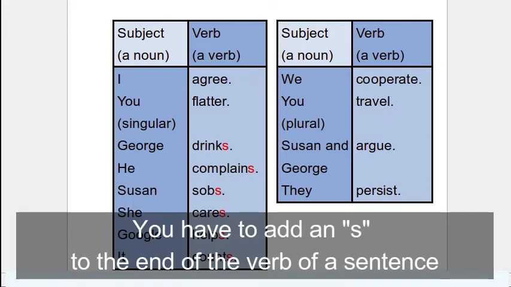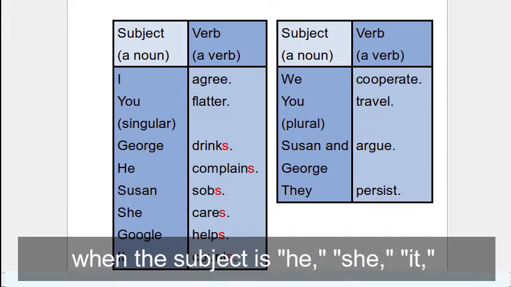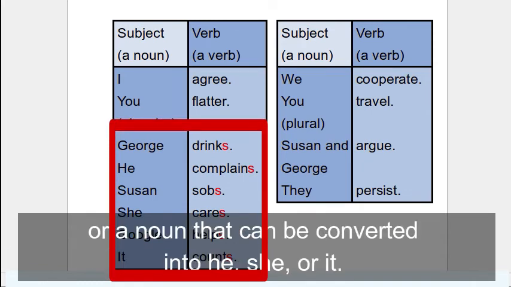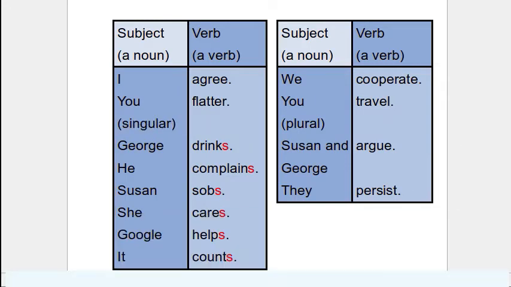You have to add an s to the end of the verb of a sentence when the subject is he, she, it, or a noun that can be converted into he, she, or it.